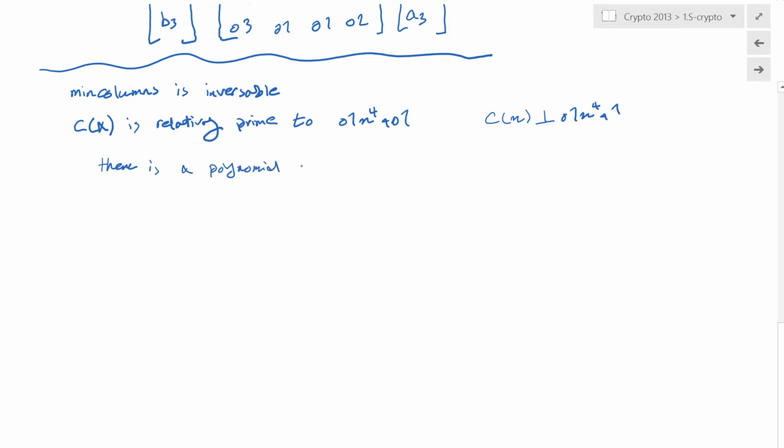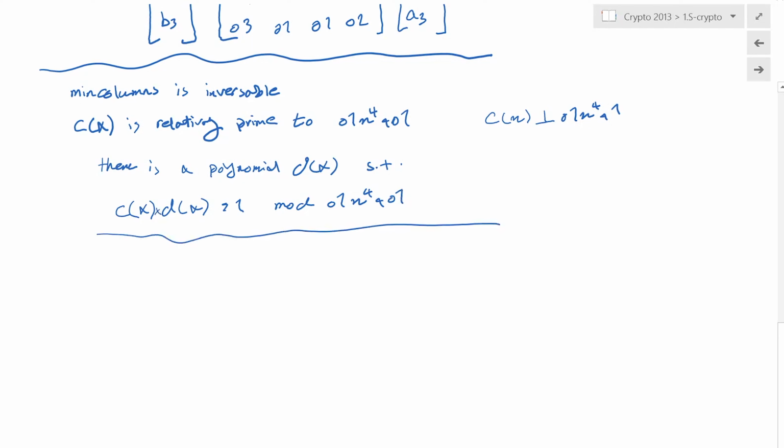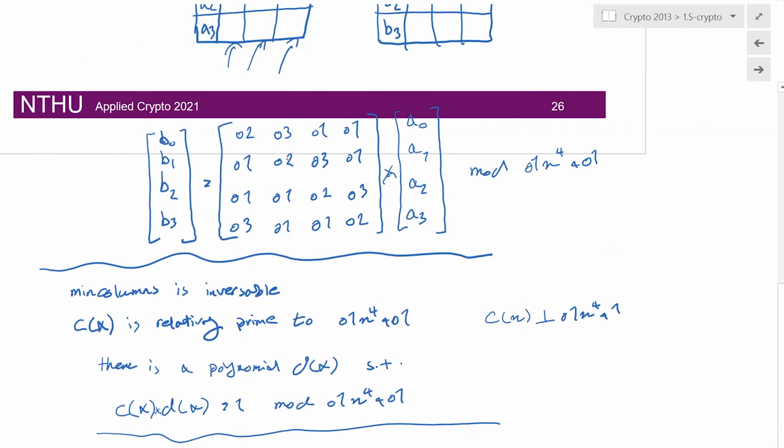polynomial d of x such that c of x times d of x becomes 1 mod 0, 1 x^4 plus 0, 1. So this is the key over here. Because we choose this c of x as these polynomials to be co-prime to this polynomial.